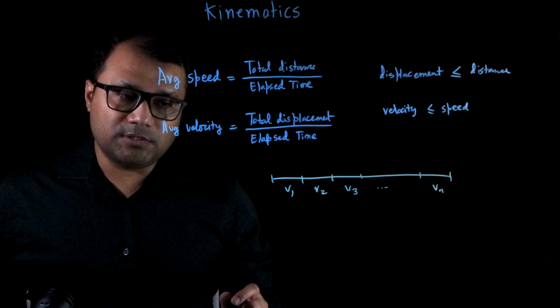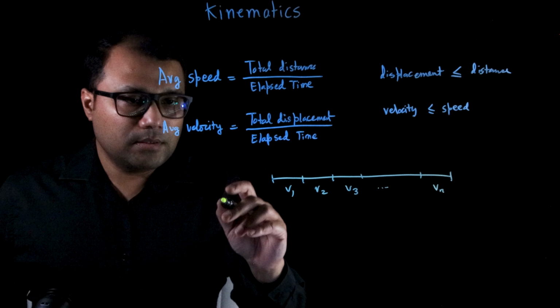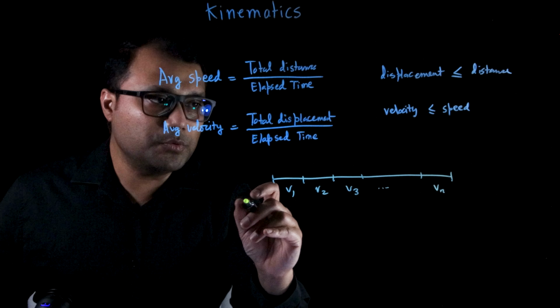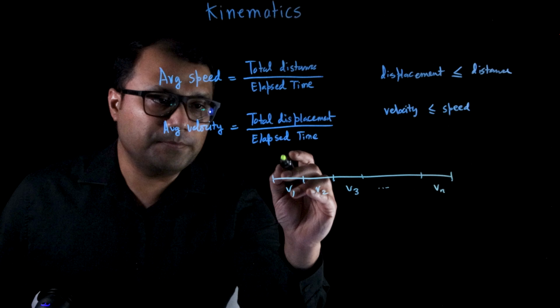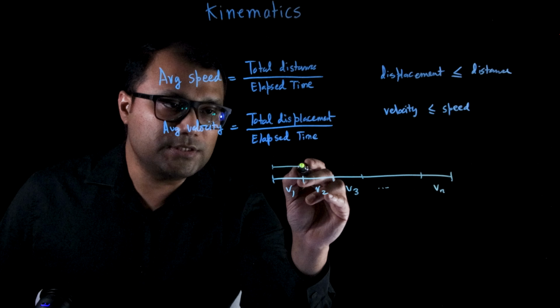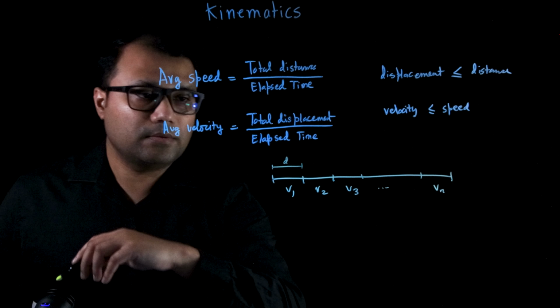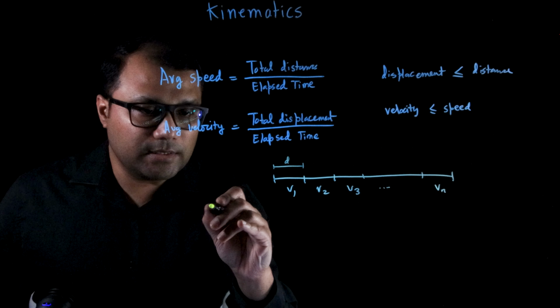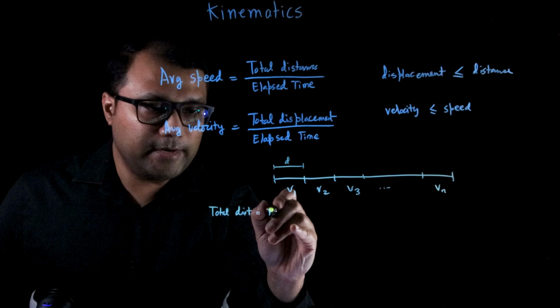What will be the average speed? Okay, it's easy if you remember this formula. So what is the total distance that the body is covering? So if each length is d, right, then the total distance that the body is covering is n times d.